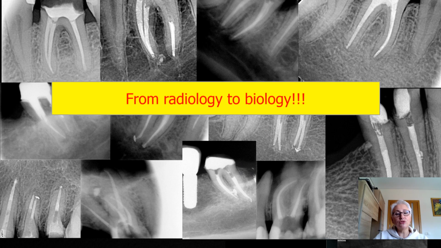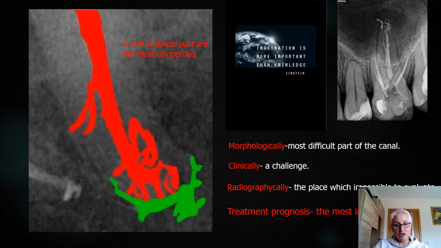And if we want to talk about biology, we have to begin by talking about the apical part of the canal. These 3 millimeters of the apical canal are the most dangerous zone. Why? Because we're not talking about one canal. We're talking about a network, a system.